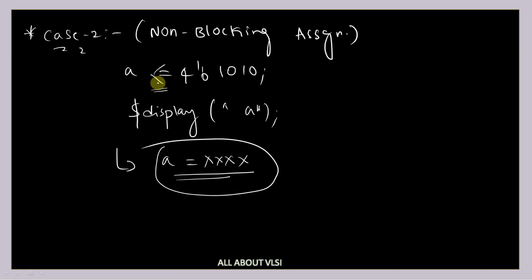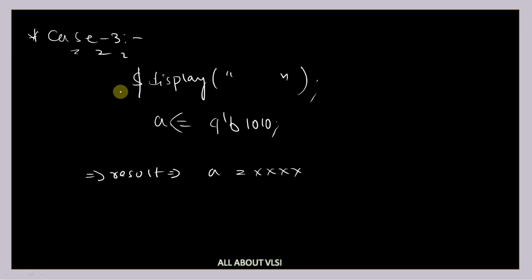If we use the $display statement below it, we get unknown, and if we use the $display statement above it, we also get unknown. Here also we are using non-blocking with our $display statement.